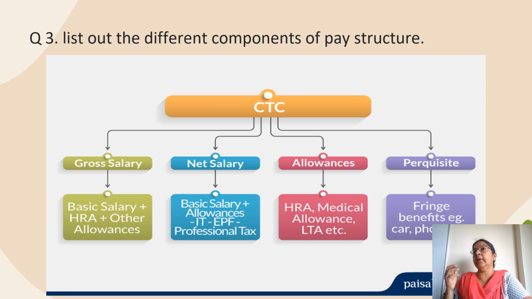Perks are all the additional benefits given by the company. So this is all the CTC, cost to company, what the company bears as cost to maintain the employees within the organization. Now we will see one by one what the different components of a pay structure are.